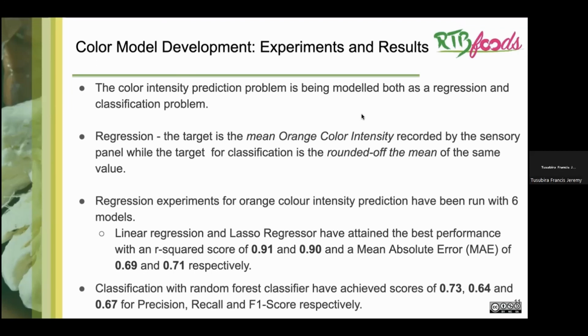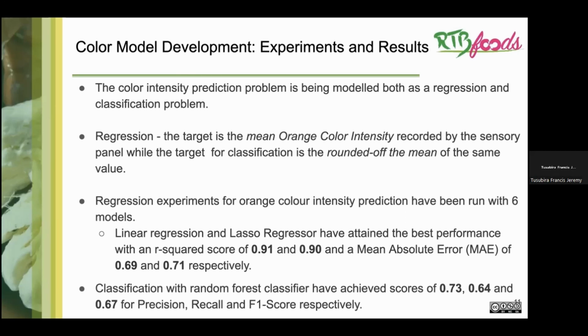Thank you. So in terms of the experiments for the color intensity regression, we are trying to predict the mean orange color intensity value that is shown in the ground truth data that we get from the human sensory panel. For this, we ran a total of 6 models.